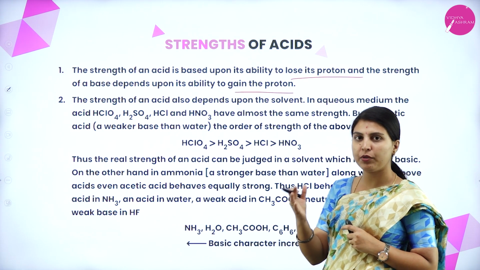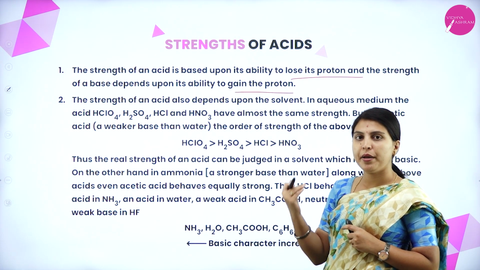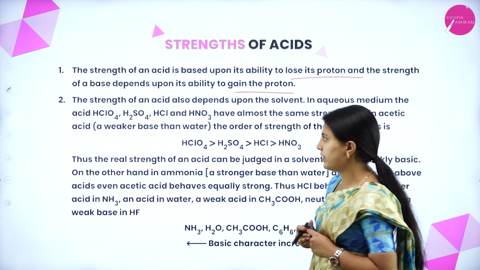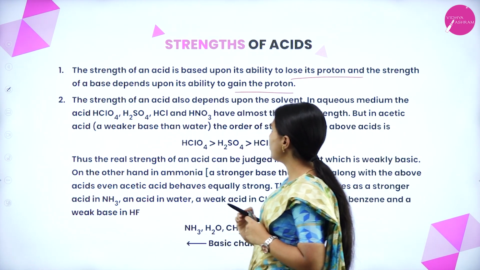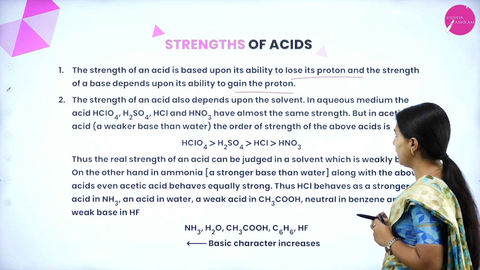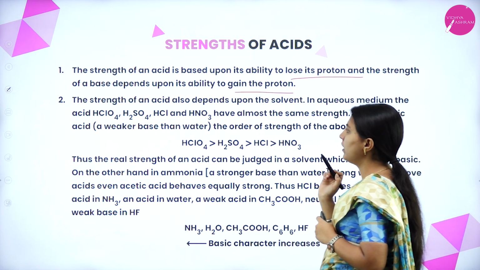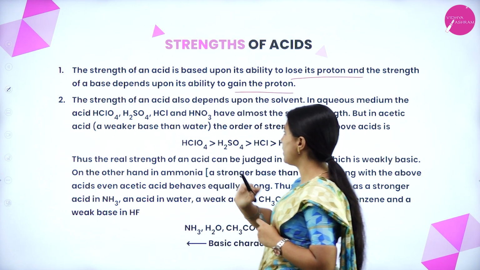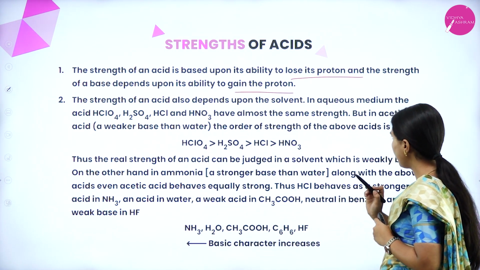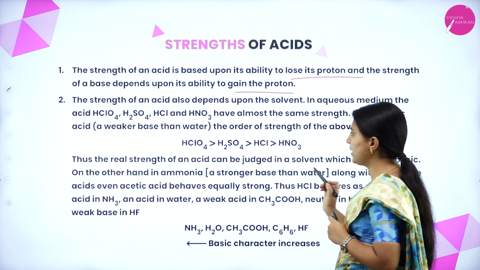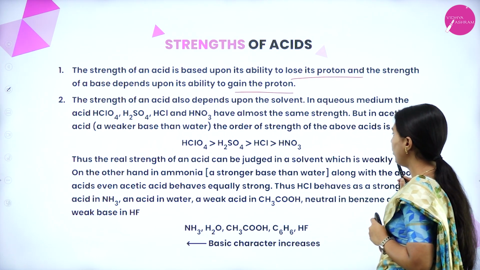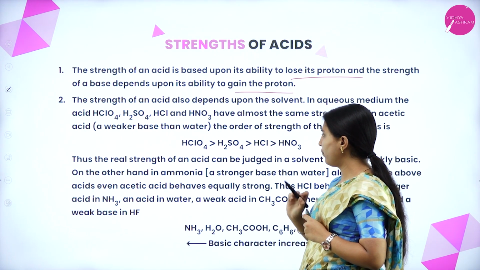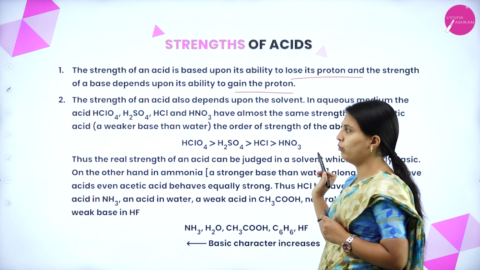How much it will accept or how much it will donate determines the strength of the acid or base. The strength of an acid also depends upon the solvent. In aqueous medium, the acids HClO4, H2SO4, HCl and HNO3 have almost the same strength, but in acetic acid, the order of strength of the above acids is HClO4, H2SO4, HCl and HNO3.